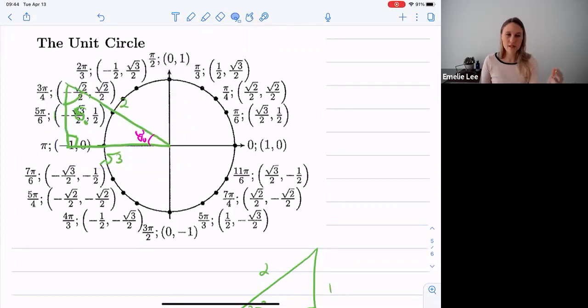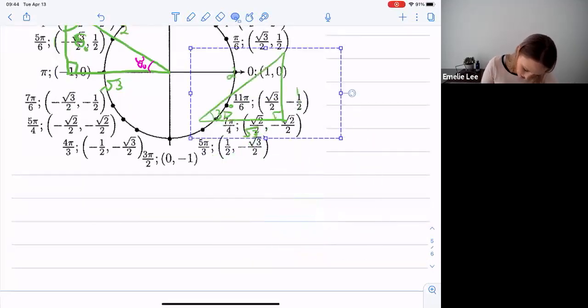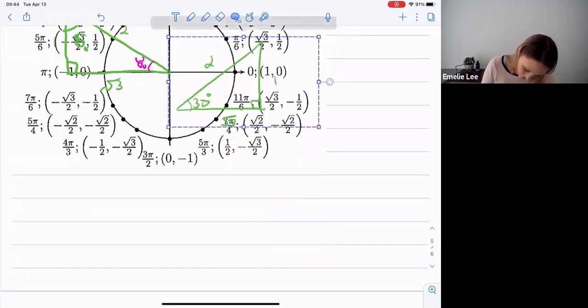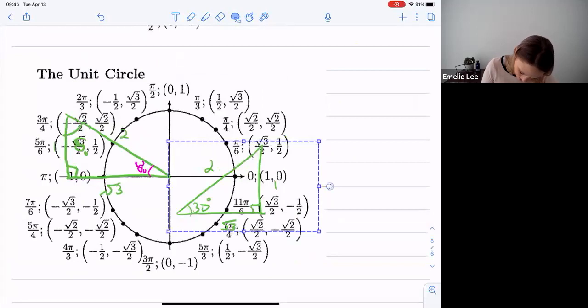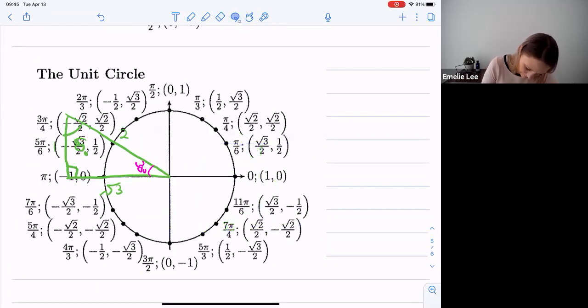Okay, so we can do that, or what I'm going to do is flip it over to the positive side, and let's see if this worked out here. It did not. How about, I'll just draw it on here. Trig, there. How about I do this instead?